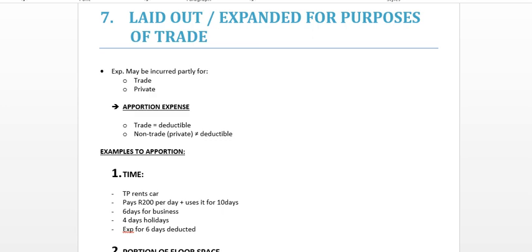so laid out, expended for purpose of trade. So expenditure may be incurred partially for trade or private. So this is basically just breaking down what is expenditure. So you might get a question where they tell you you work from your home, and your home is, let's say, 100 square meters large, but you only use 30 square meters, or you have a private study in your home, and that constitutes 50 square meters, and that is what you use for carrying on your trade or for your business.